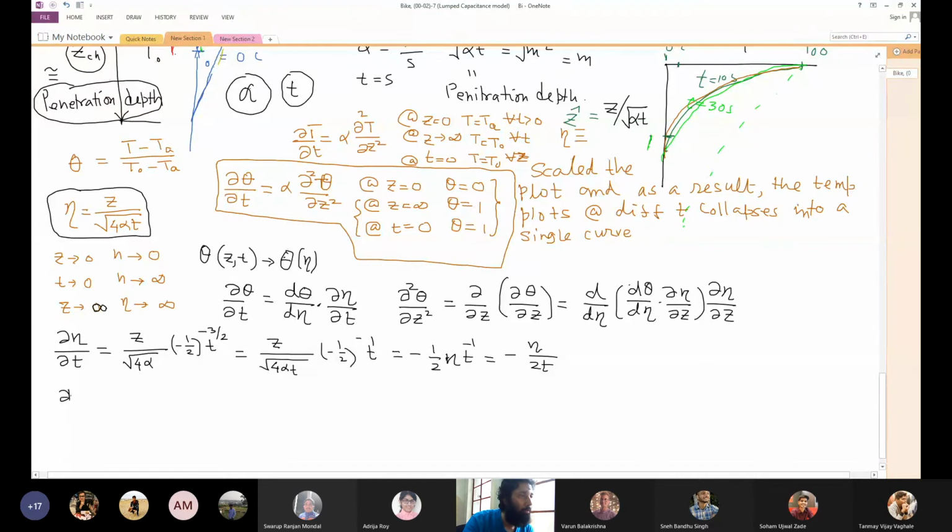Now let us see del eta del z, which is easier: it is 1 by square root of 4 alpha t. Now let us substitute these things in this equation.